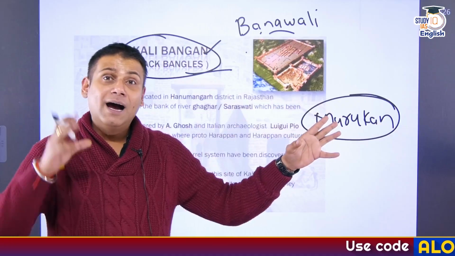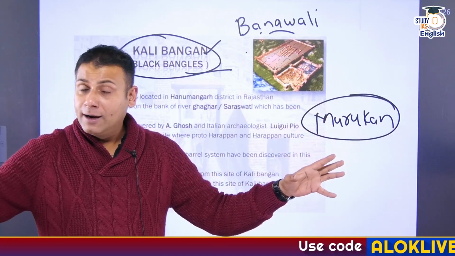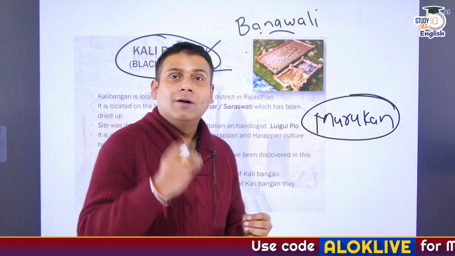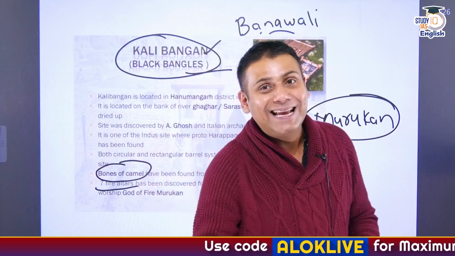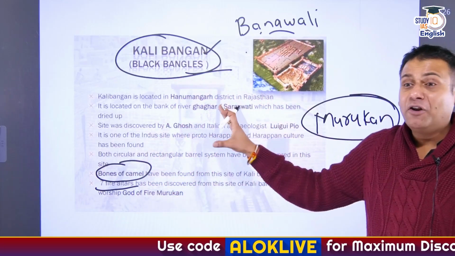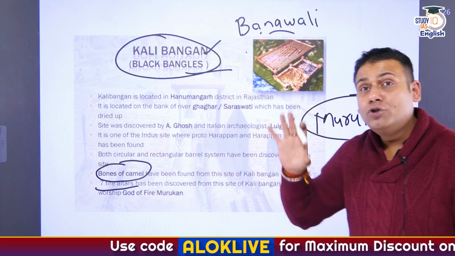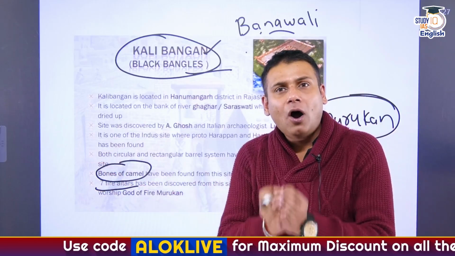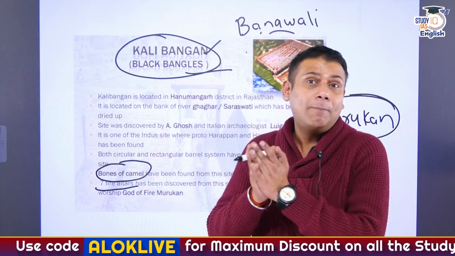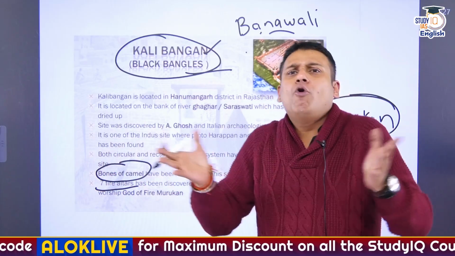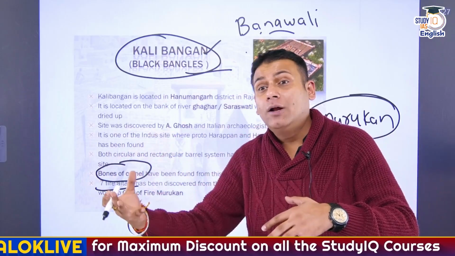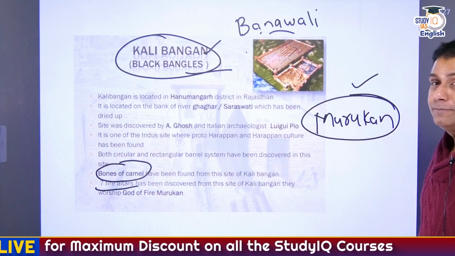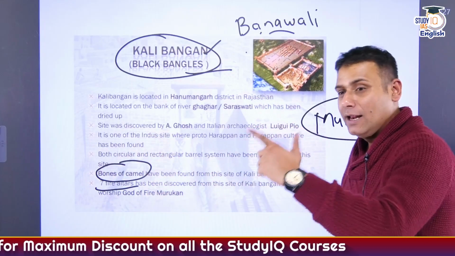One is Kalibangan, the other one is Banavali, located in Haryana. Now, before sowing the seeds, the fields were ploughed at the site of Kalibangan. Bones of camels have been found. 7 altars have been found at this site, which simply exemplify that probably they might have worshipped the fire god, referred to as Murugan. Clear, guys? Let's move ahead.